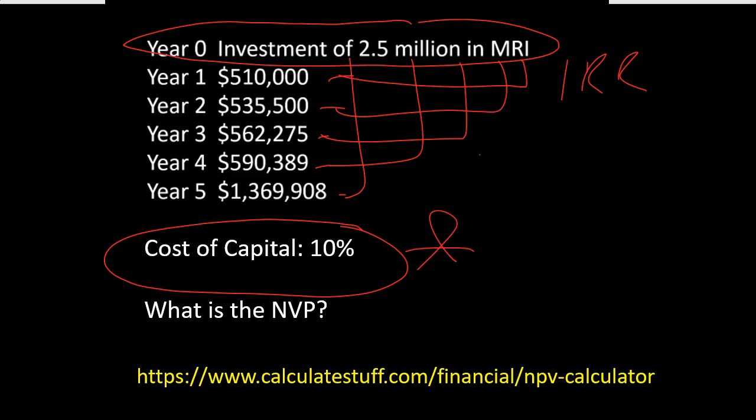Again, what is capital? That's the money that we get from various sources, either long-term debt or equity, to basically pay for those long-term investments that we do.